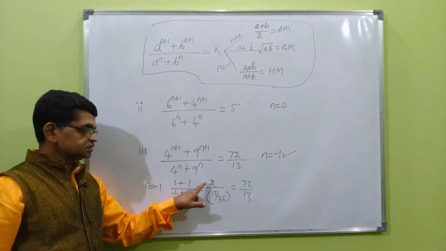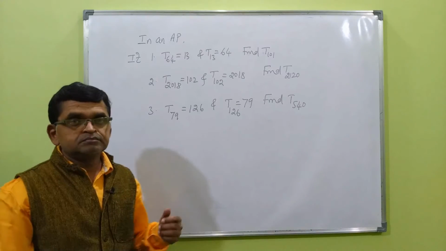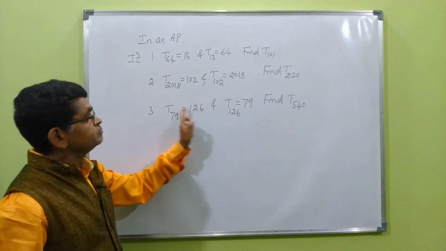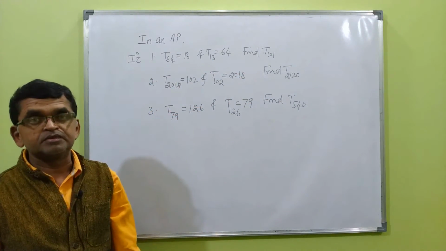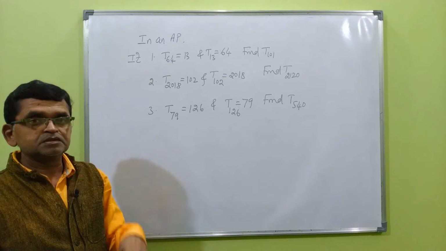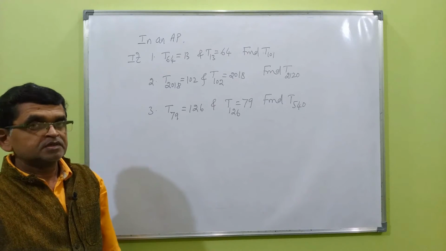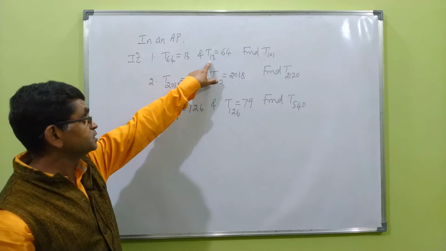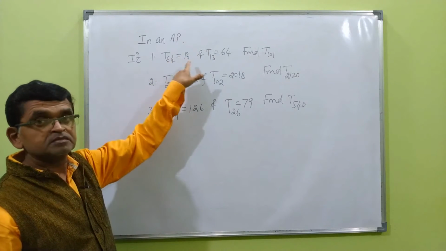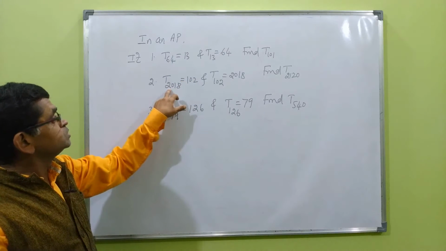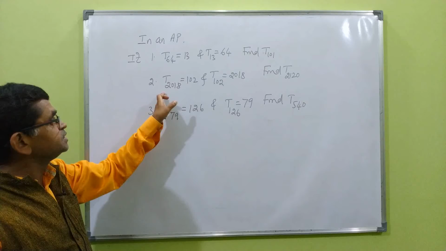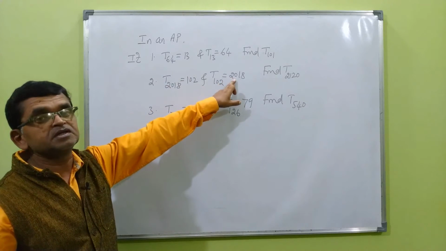Okay, here is 2. So in an AP, if these are the terms given, you are asked the third term. If you observe, T64 is equal to 13, T13 is equal to 64. T2018 is equal to 108 and T108 is equal to 2018.